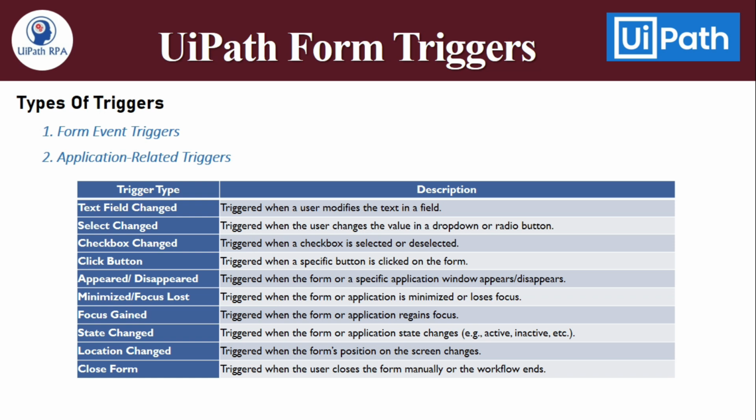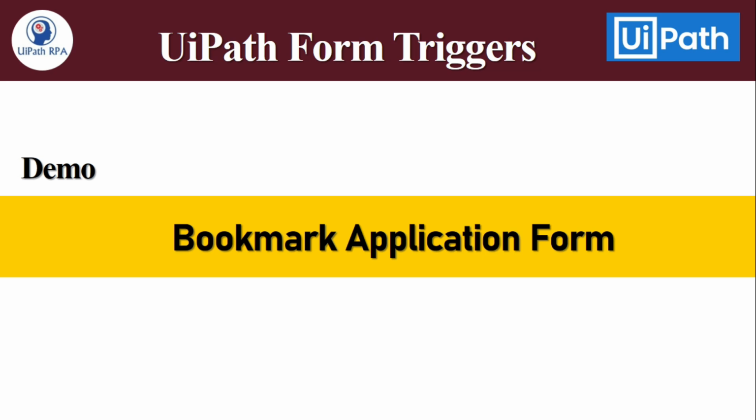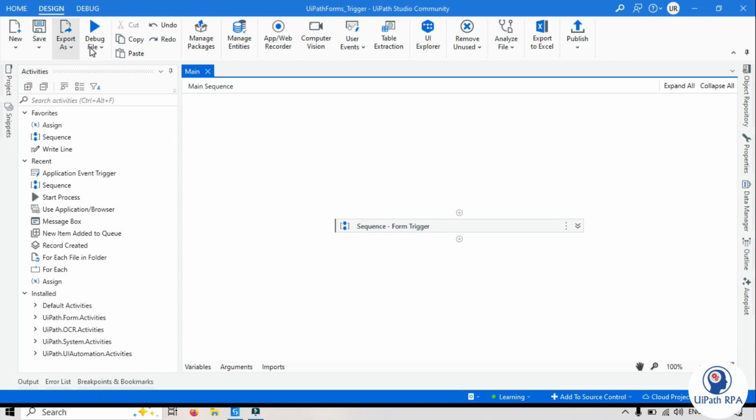We have checkbox changed, click button, appeared, disappeared, minimized, focus lost, focus gained, state changed, location changed, close the form. These are the types of triggers we can say. And based on these triggers, some actions are performed. Let's look at a demo to understand UiPath form triggers better.